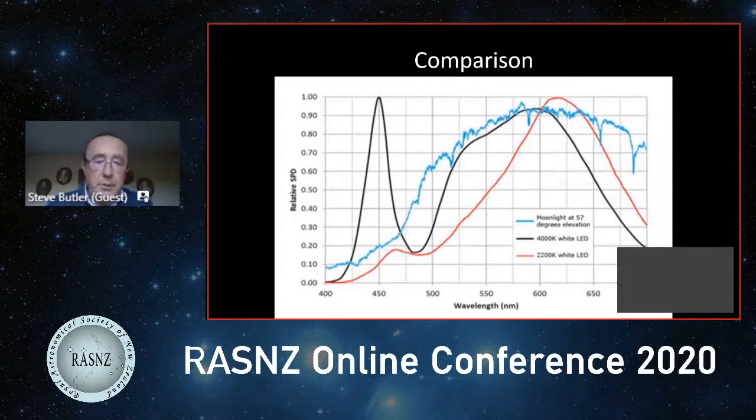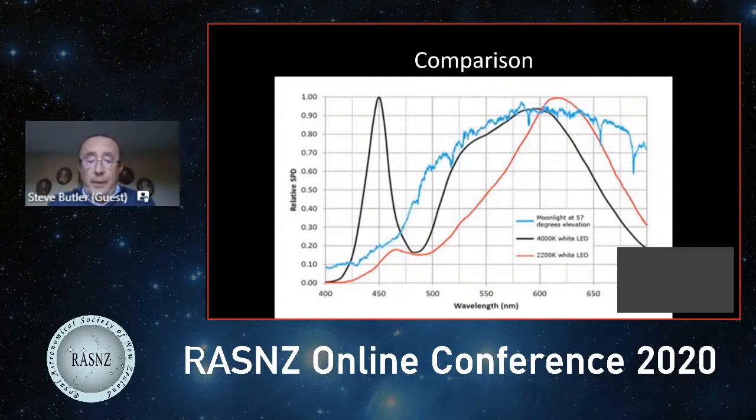Blue is at the left-hand side of the scale across the bottom, tending across to the red end of the spectrum at the right, at about 700 nanometers. At 450 nanometers, we can see there's a very strong spike in spectral power coming from this light source. That correlates with blue on the spectrum. So we have a very strong blue peak, it drops away again, and then comes back up through the green, yellow, orange into the red.